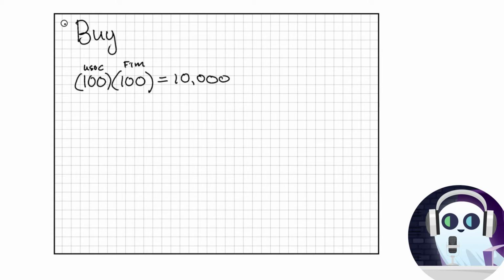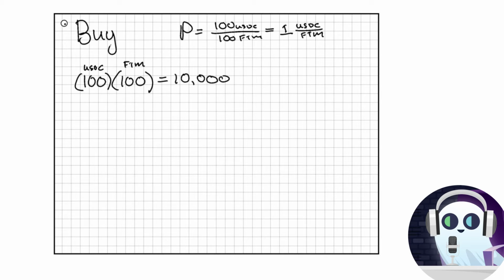If you want to know the price of FTM in this AMM, you would just do the USDC reserve divided by the FTM reserve. So P is equal to 100 USDC over 100 FTM, which means 1 FTM is equal to 1 USDC in this specific situation.